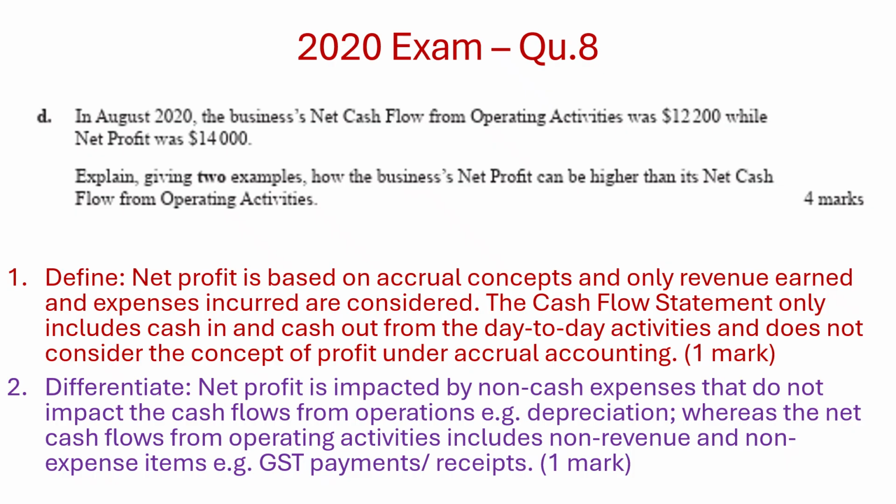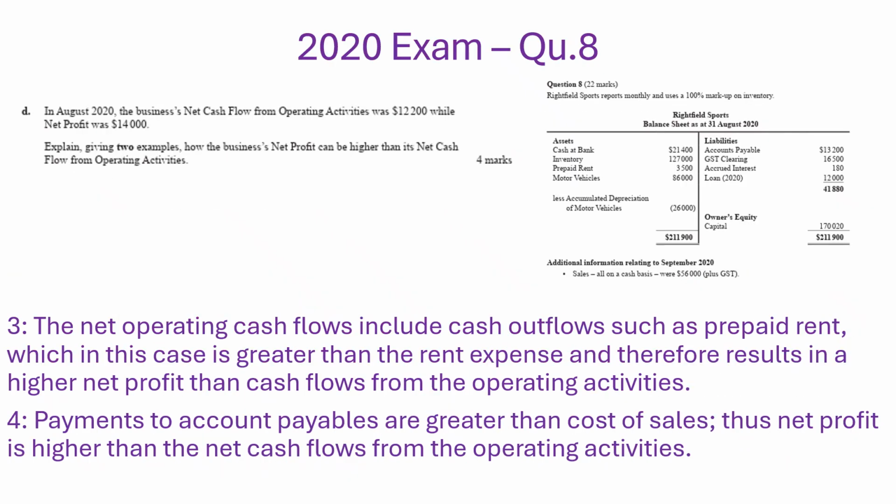We need a bit of detail in terms of differentiating and defining both. Now, in terms of your directional data, given there was some prepaid rent from that period, we can talk about that one. So in terms of how we structure this, we've had an outflow for our prepaid rent. That might be greater than our rent expense. So we've spent more on our rent than we've consumed.